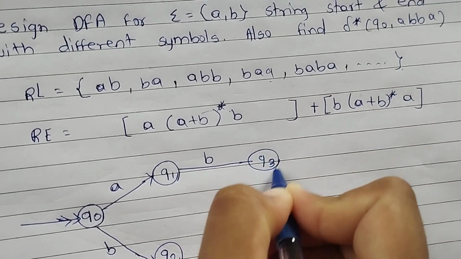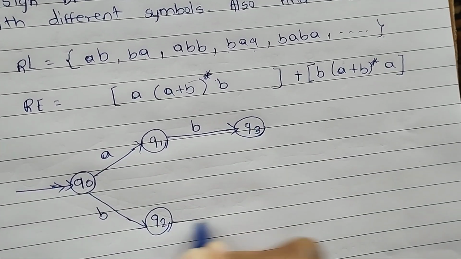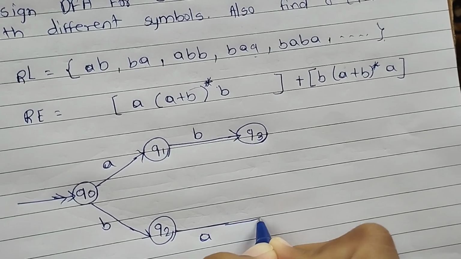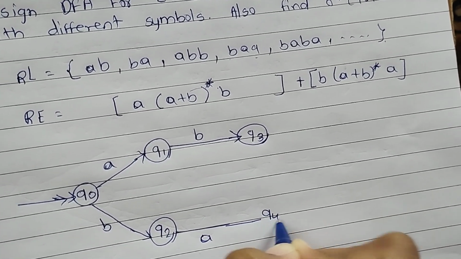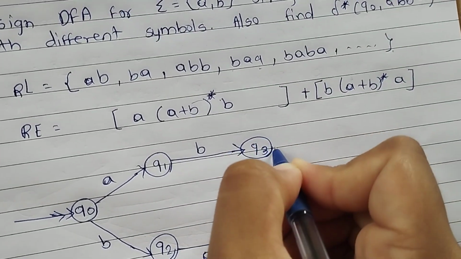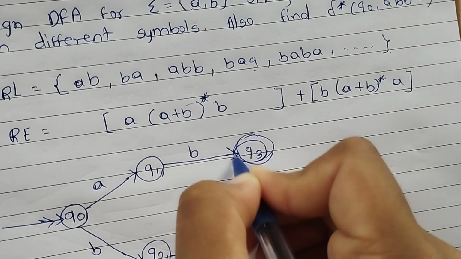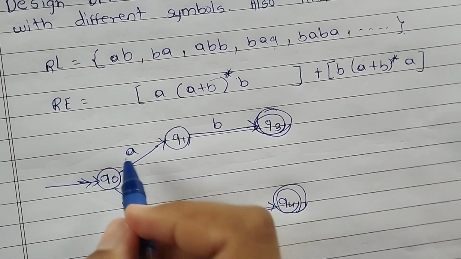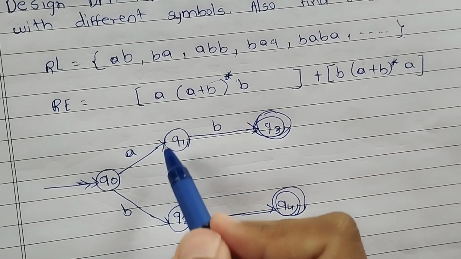This is Q3, and if we start with B, then end with A, that is enough: Q4, and this is an accepted state. This is also an accepting state. Now Q0 transfers on A and B both.